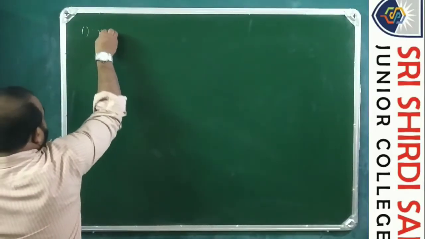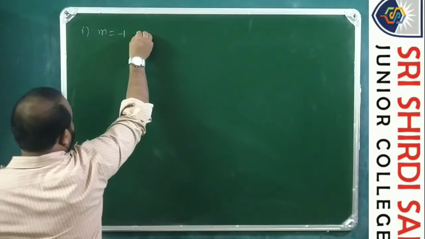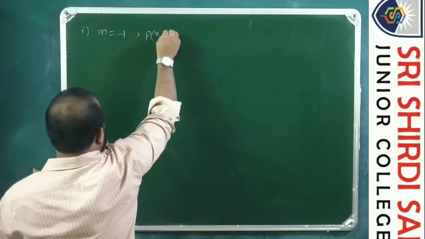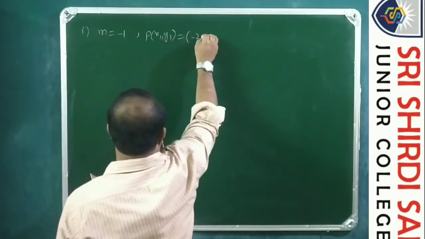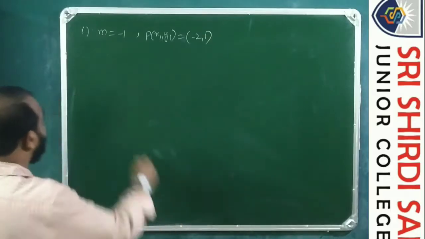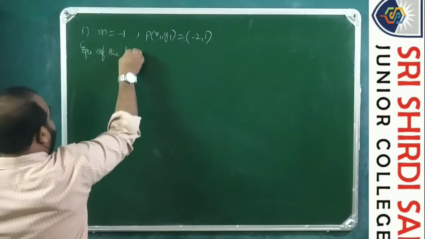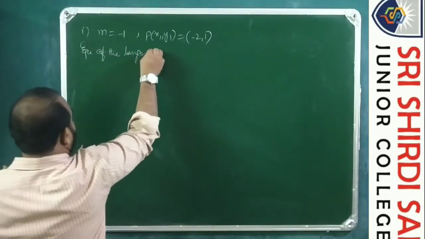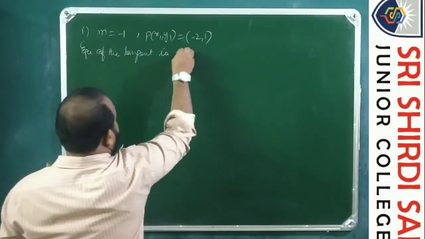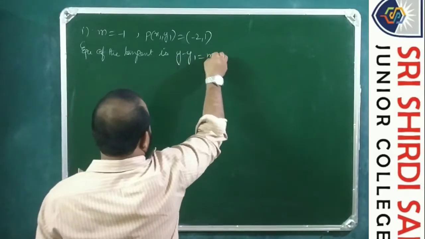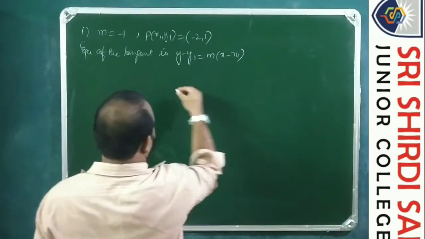Case 1: m = −1, P(x1, y1) is (−2, 1). So the equation of the tangent is y − y1 = m(x − x1).